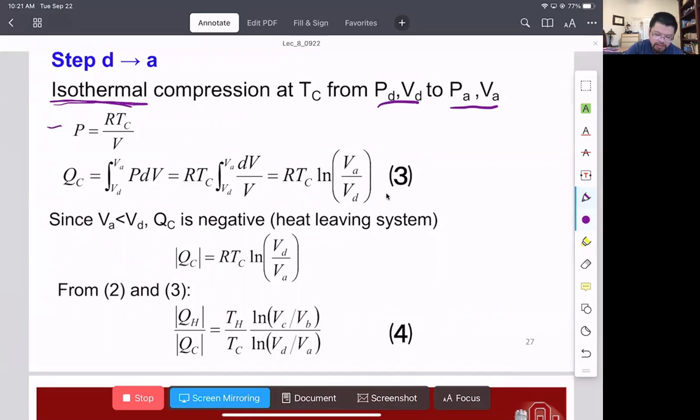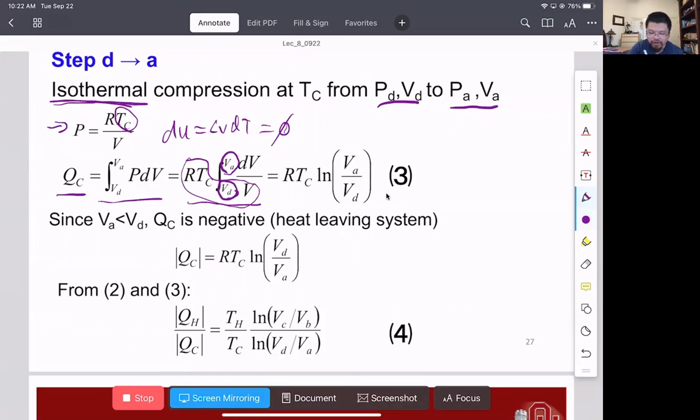Still using PV equals RT, still at a fixed temperature, but now the fixed temperature is TC. We are still using QC. The dU would be 0, CV dT would be 0. So over here, we are still using PdV, replacing the pressure by RTC over V, paying attention to the starting and final conditions, moving from D to A. So there we have this equation for QC.